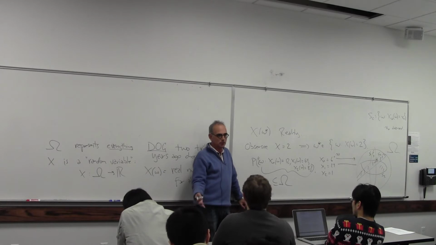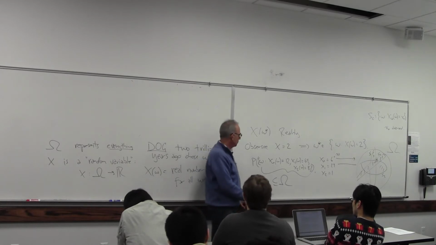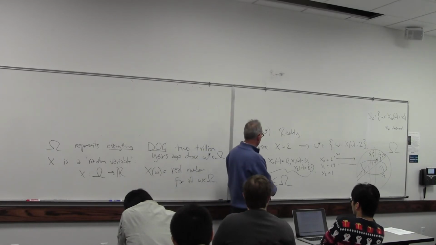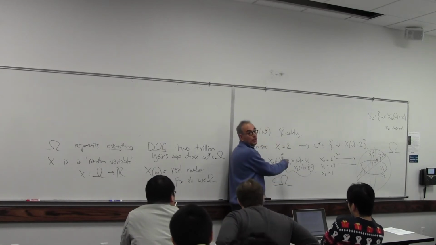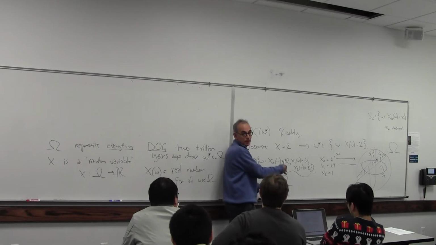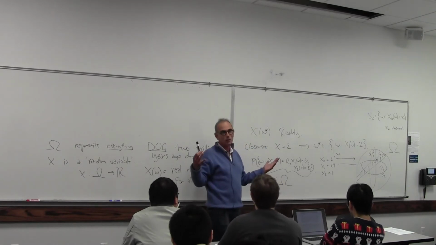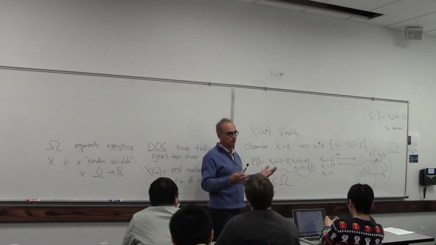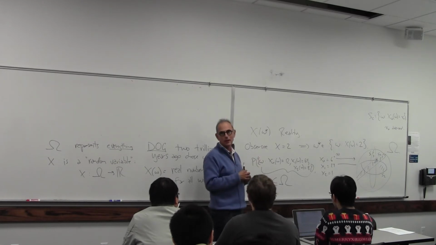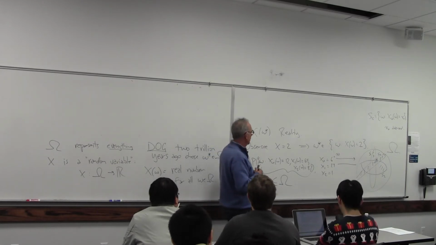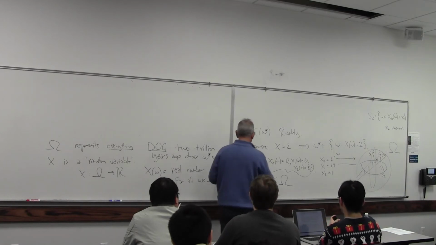It's typically impossible to define P on simple sets, these are called events, like this, and extend that to all subsets of omega. It's not possible. That is really advanced measure theory. I won't get into it, but there's no extension theorem.